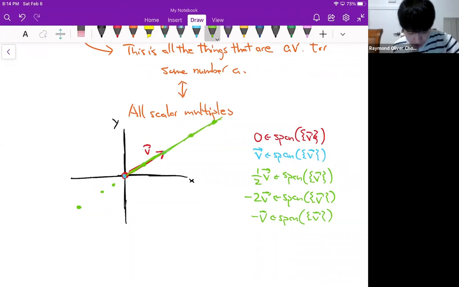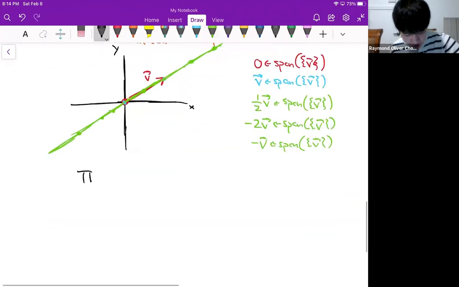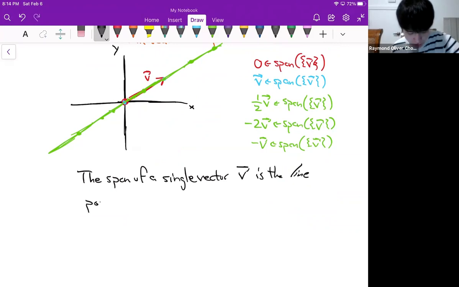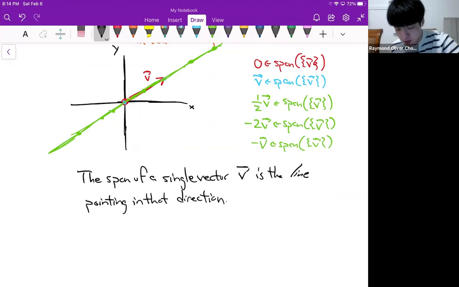So pictorially, what that looks like is we conclude that the span of a single vector v is the line pointing in that direction. Okay, we talked a little bit about that last time.